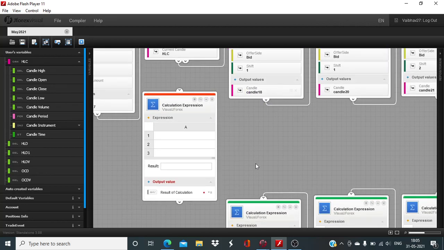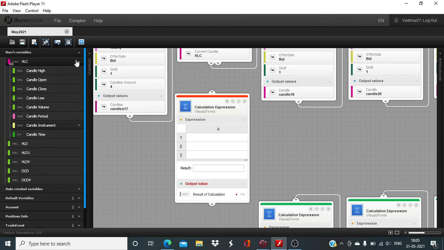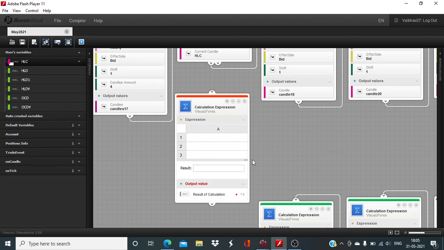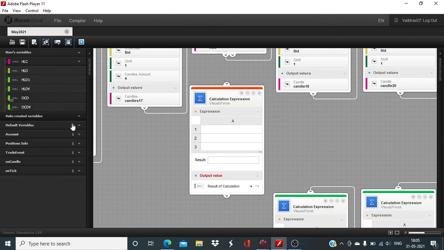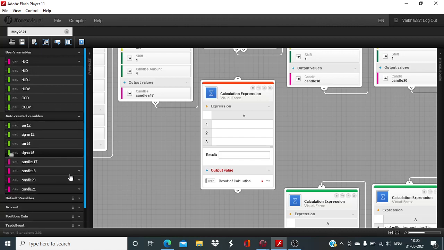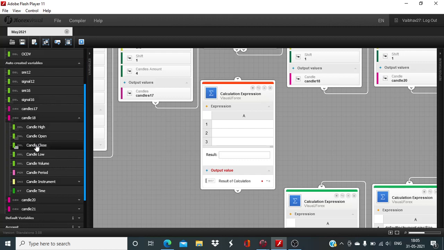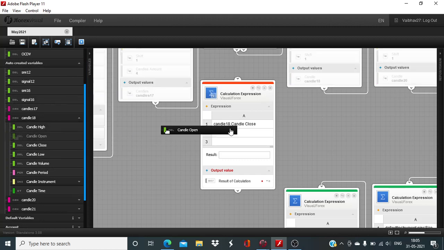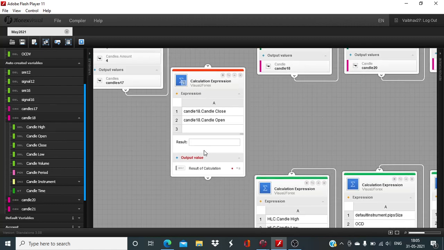After that, the candle 18's close should be higher than the opening price. So we need to now take the difference of this auto created variable. Here is candle 18. A1 minus A2.